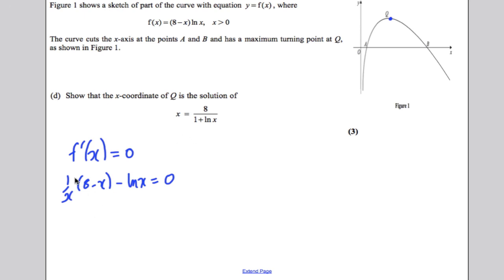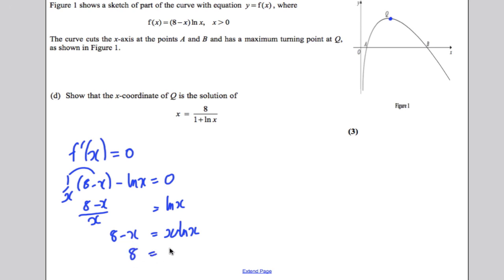So what we're going to do, let's add the ln x to both sides and multiply the 1 over x into this. So let's write 8 subtract x over x is equal to ln x. Let's multiply both sides by x. So 8 subtract x would be x ln x. Let's add x to both sides.